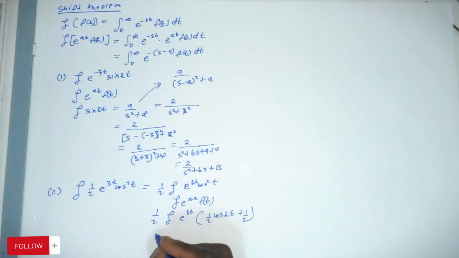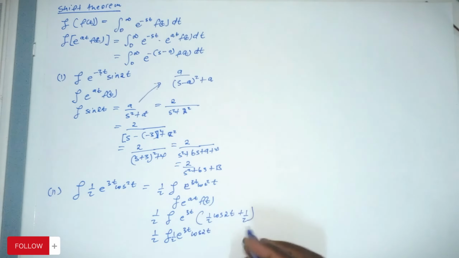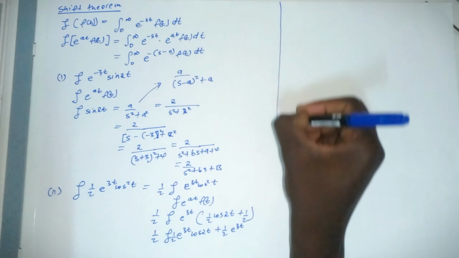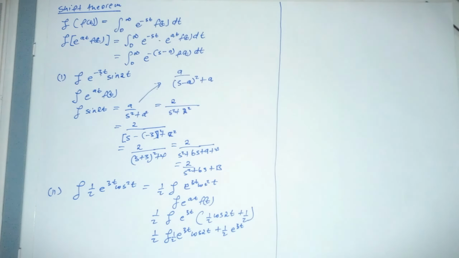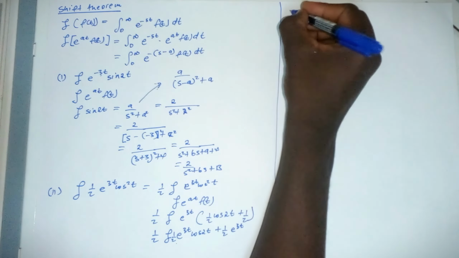So this is equal to 1/2 the Laplace transform of e to the power 3t times (1/2 cos 2t plus 1/2). I think it's now easier to evaluate. I'm going to write 1/2 times 1/2, which gives us a quarter.